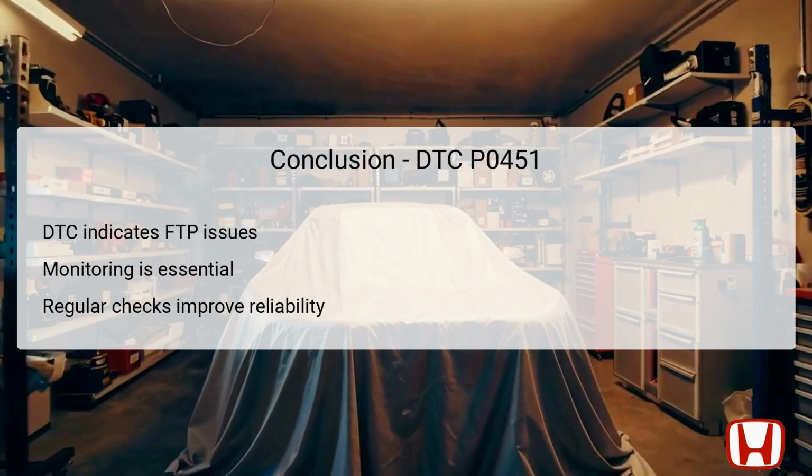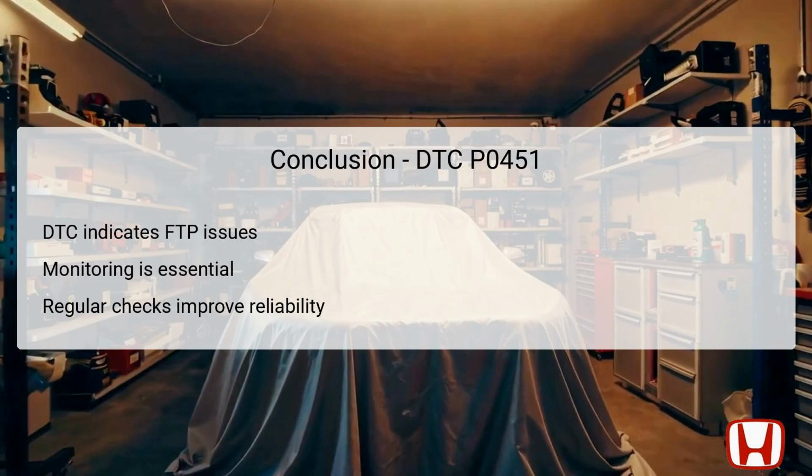In summary, the DTC P0451 signifies a fuel tank pressure sensor circuit range performance problem, a critical issue that can significantly affect vehicle performance and emissions. Understanding the role of the FTP sensor in detecting leaks within the EVAP system highlights the importance of maintaining its functionality.